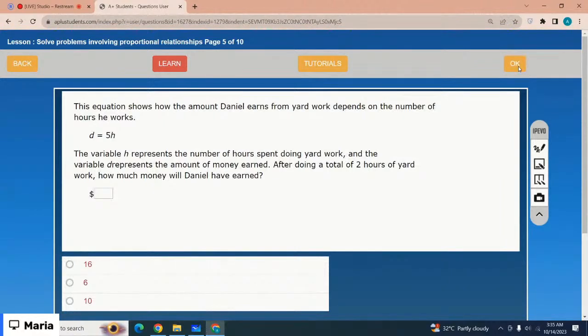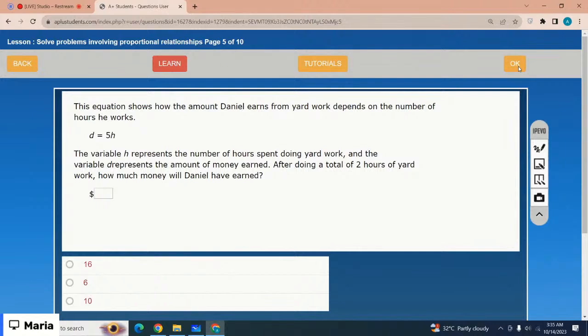Okay, the next one is: this equation shows how the amount Daniel earns from yard work depends on the number of hours he works.